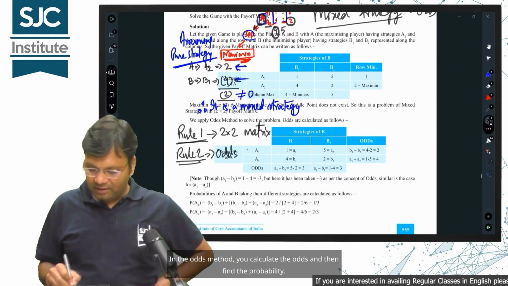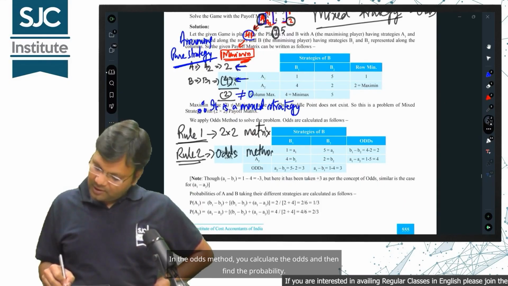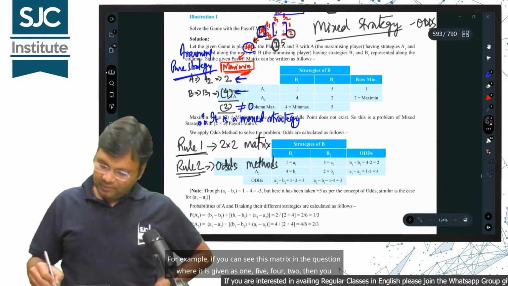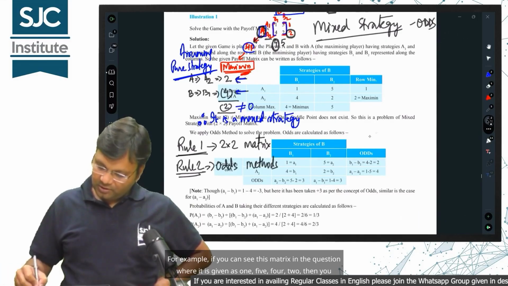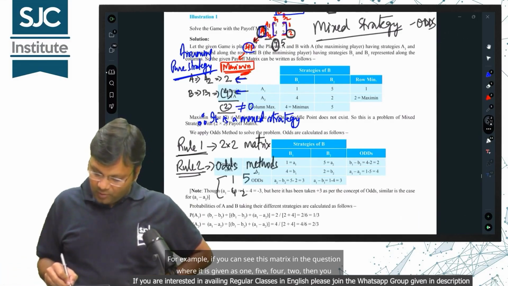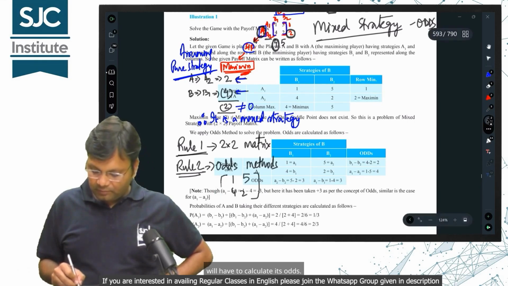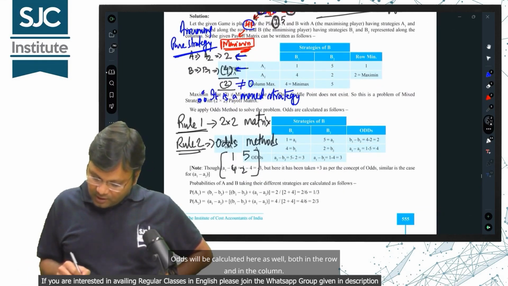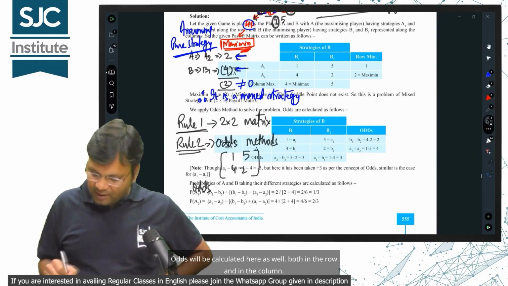In the odds method, you calculate the odds and then find the probability. For example, if you can see this matrix in the question where it is given as 1, 5, 4, 2, then you will have to calculate its odds. How are the odds calculated? Odds will be calculated here as well, both in the row and in the column.